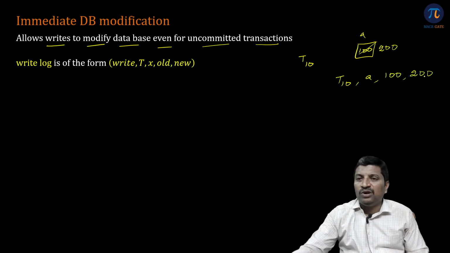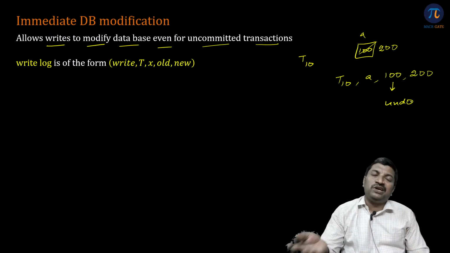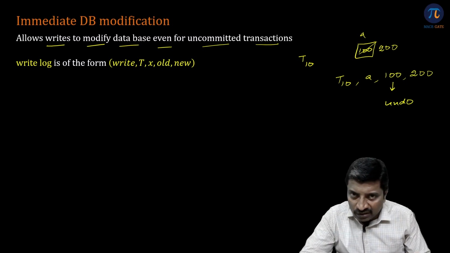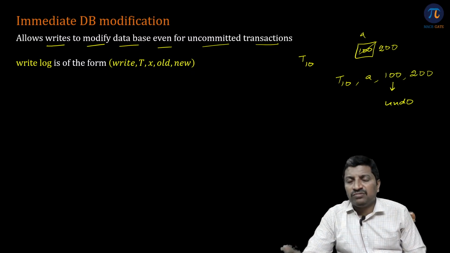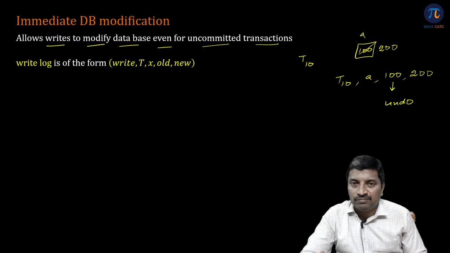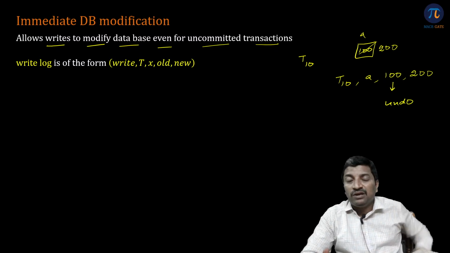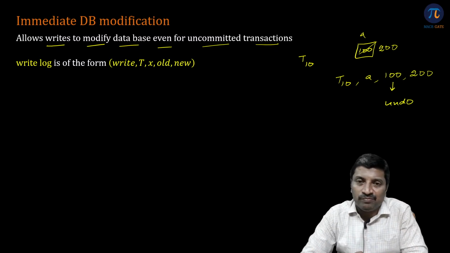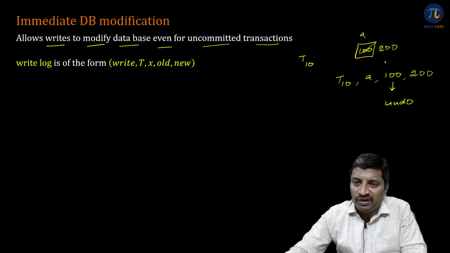Why old value and new value, sir? The old value we need whenever I want to do undo. Suppose I already modified A value to 200. I want to redo. Sorry, I want to undo. Something like I want to do Control Z. Then what should I know, sir? I should know what is the old value of the variable. So that's why I need this old value.